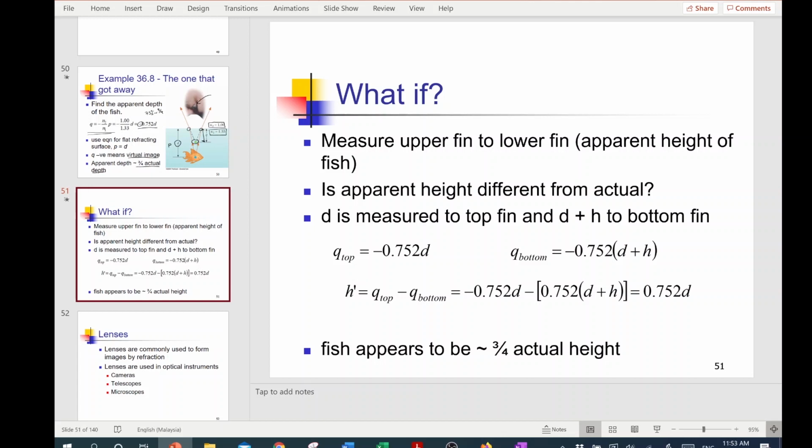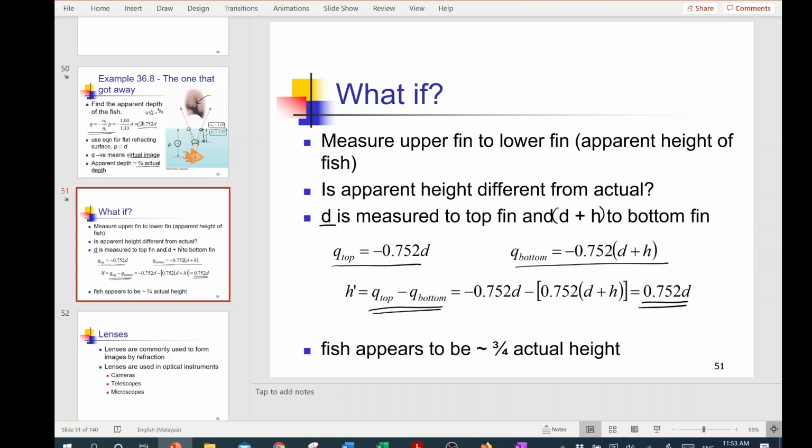If we consider the height of the fish, d plus h at the bottom fin and d at the top of the fish, and consider both points, then the height is given by the difference between these two points, which gives us around this value.